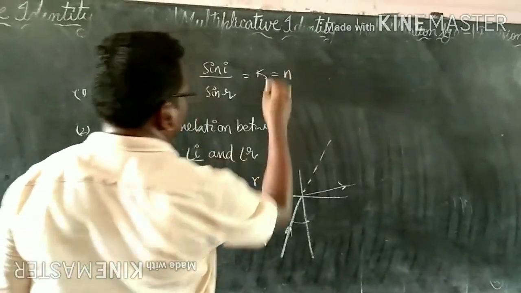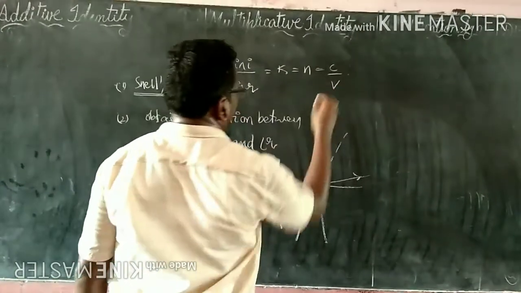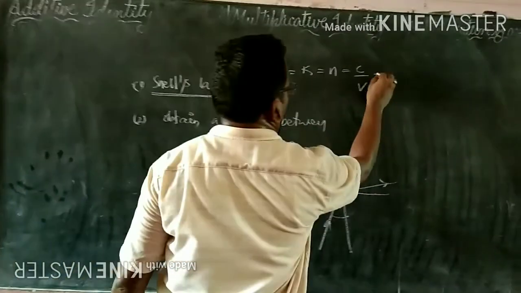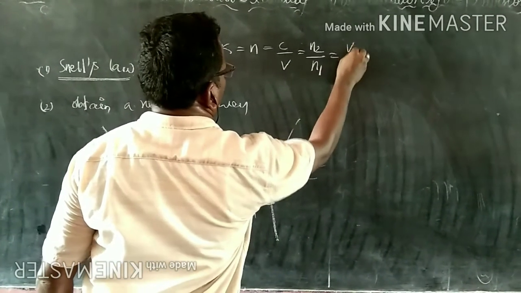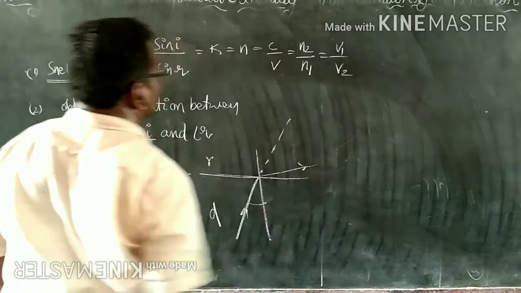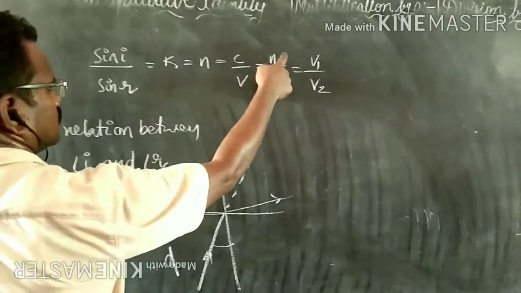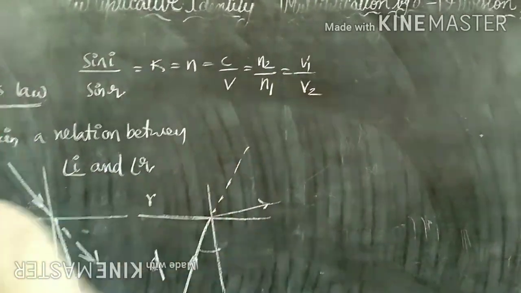That constant is equal to the refractive index n, which is equal to c by v. The relation between n and v can also be written as n2 by n1 equals v1 by v2. So sin i by sin r equals n2 by n1 equals v1 by v2.